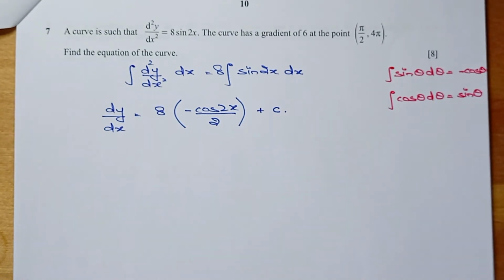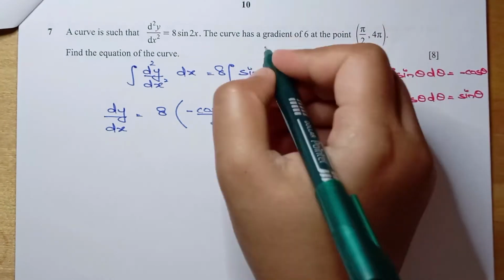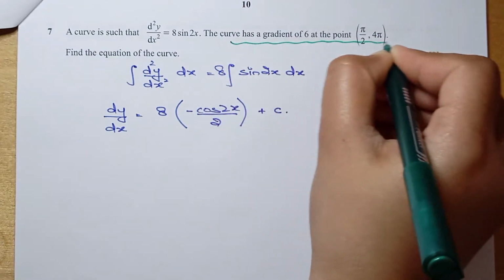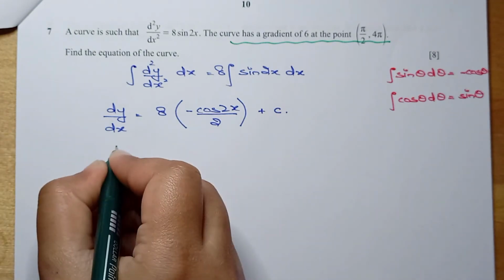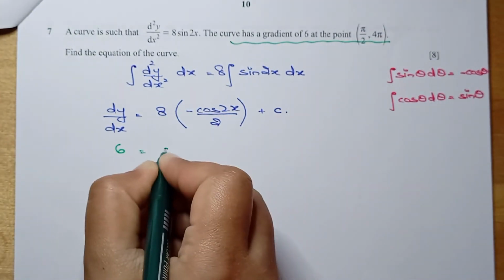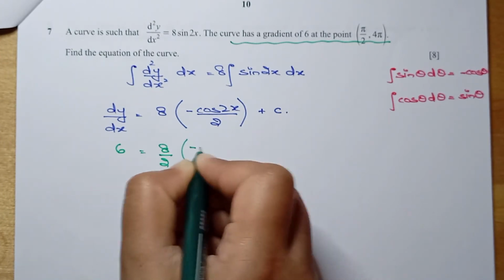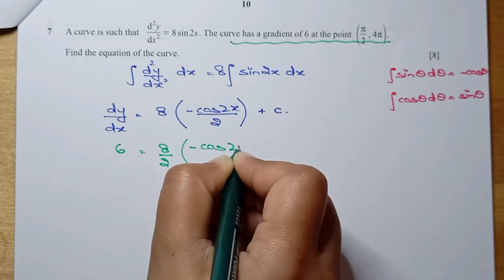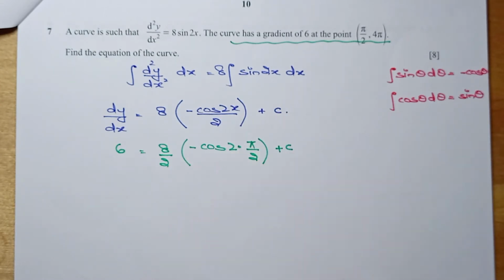Okay, now we can find the value of the constant by using the condition that the gradient is 6 at this point, right? So now using the gradient equal to 6, and the point x is pi by 2. So 8 minus 8 divided by 2, cos 2 times pi by 2, plus some constant, right?